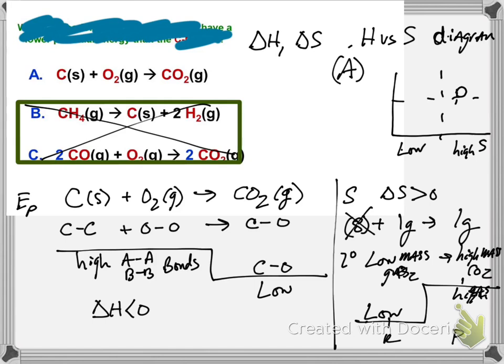And then based on energy, I know products are low, so I put the final state of the products in the bottom right. That means the reactants go to the top left: reactants are high H and low S. So that's how we would build that curve.